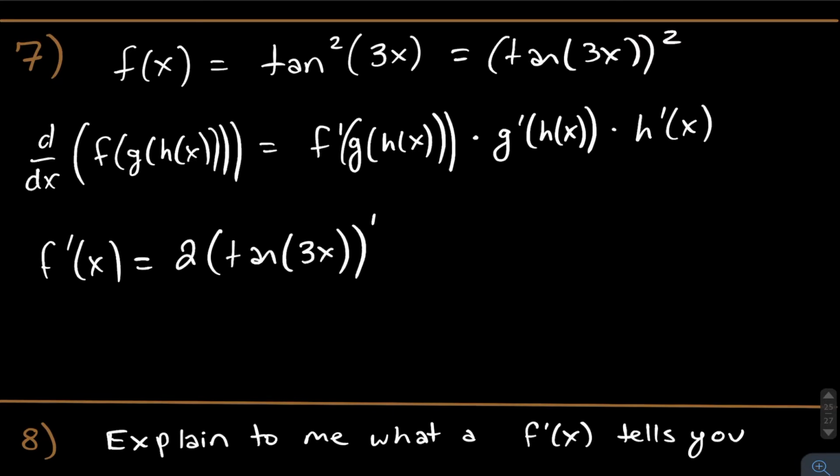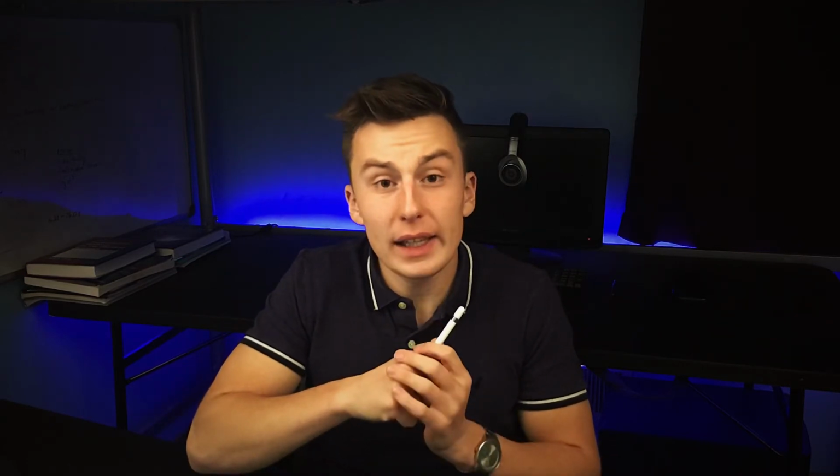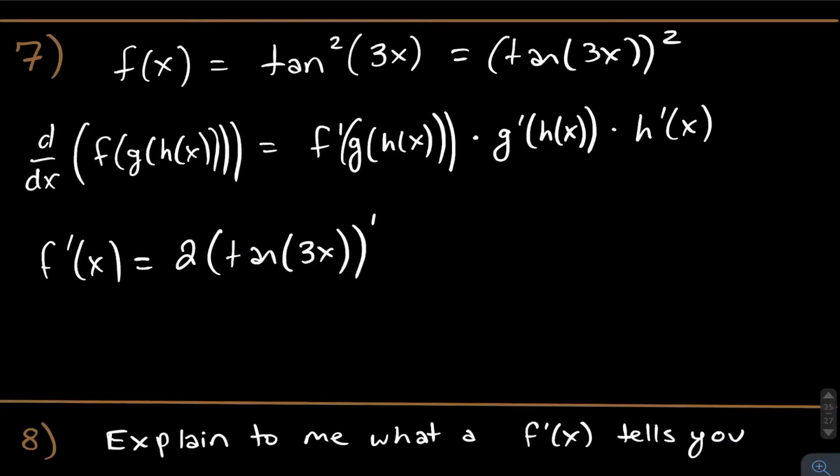What's the derivative of tangent of 3x? Well, that would be secant squared of 3x, but then we have the derivative of the inside to worry about. So it's going to be secant squared of 3x. Hopefully, if you're still following here, the derivative of tangent is secant squared, so that's where I'm getting that from.